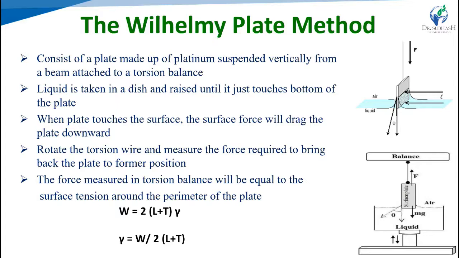Here W is the weight of the plate, that is, the balance reading prior to detachment minus the weight of the plate in air. L is the length of the plate and T is the thickness of the plate. Finally we get surface tension equal to W upon 2(L plus T).